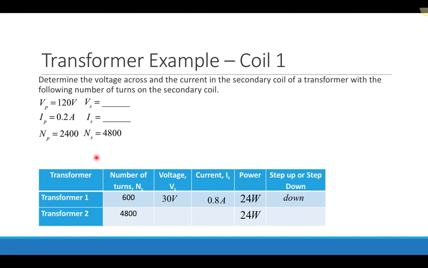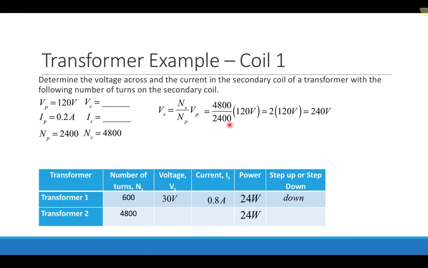All right, so we can go through the same process for transformer 2, and we want to solve for the voltage of the secondary, current of the secondary, and so on. So we know that the voltage for the secondary is the ratio of the number of turns of the secondary to the primary times the voltage of the primary. In our case, transformer 2 has 4,800 turns. The primary had 2,400, and I can multiply that by the voltage of the primary.